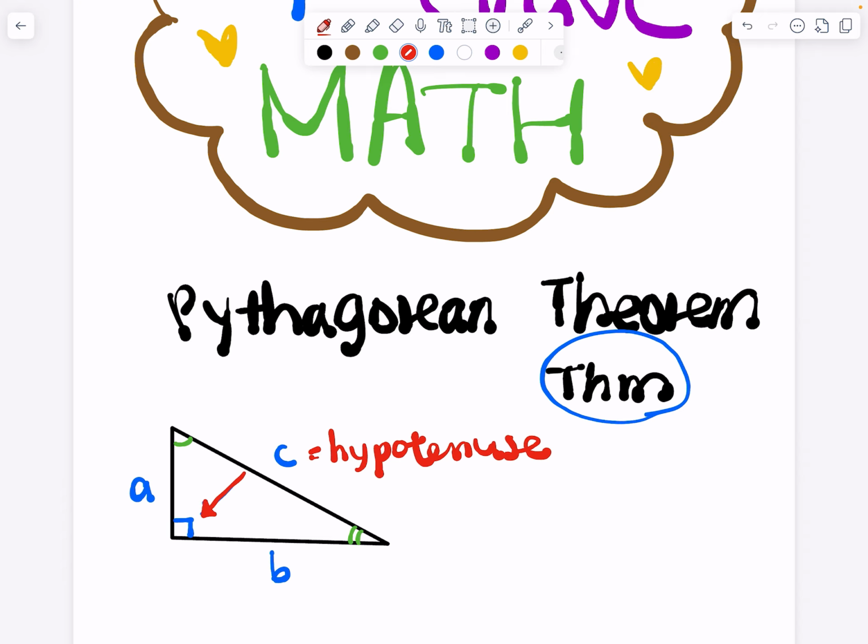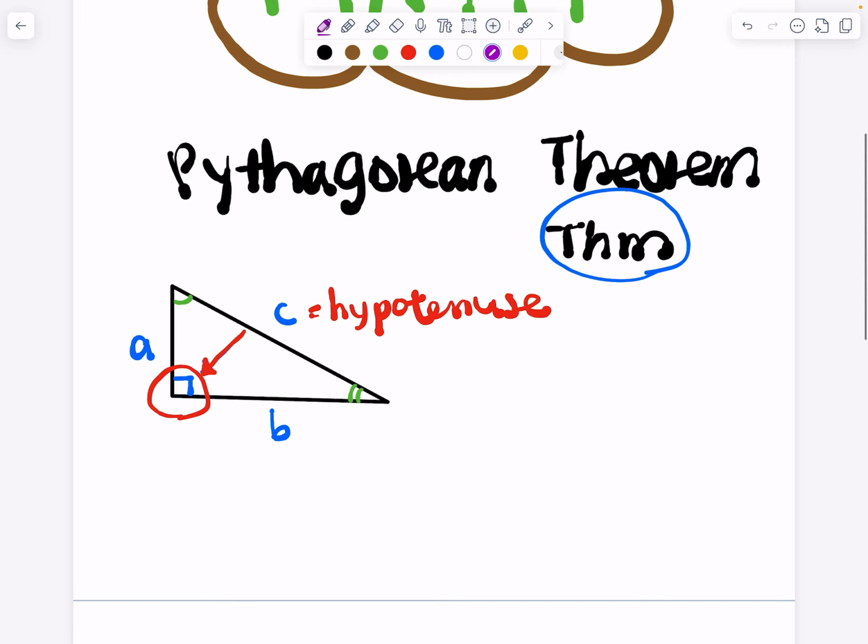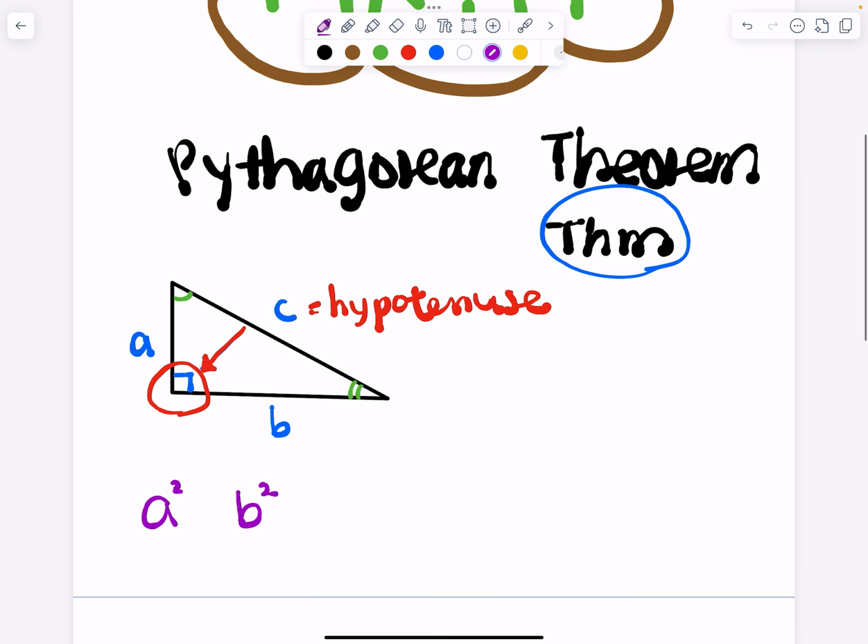That's the longest side out of all three sides of a right triangle, okay? The longest side, located right across from the right angle, always has the longest length compared to the other two. So anyways, the Pythagorean theorem states that if you square each leg, for example, I'm going to start with A, though you can always start with the other side B. The order doesn't matter when it comes to addition. You square each side, A squared and B squared.